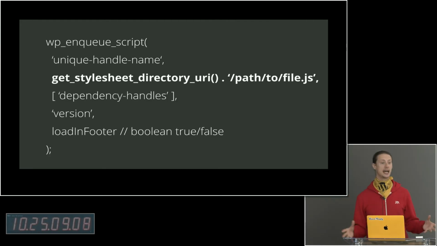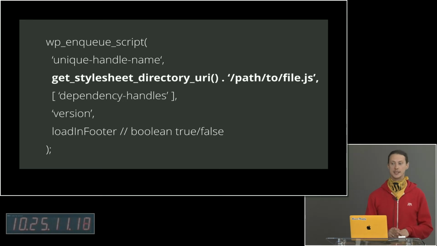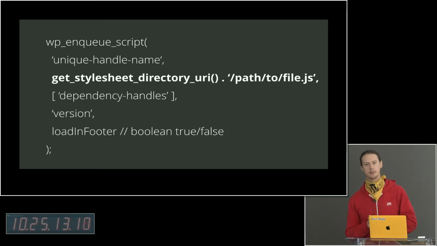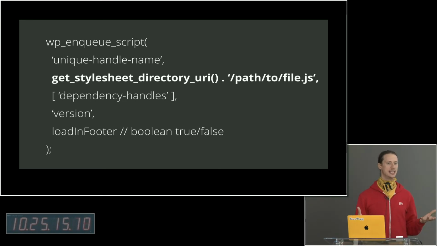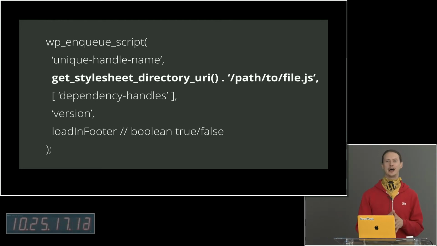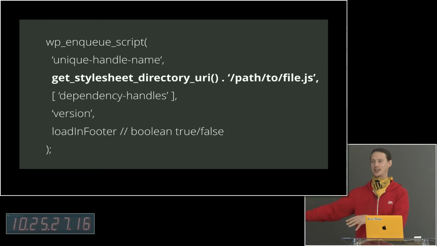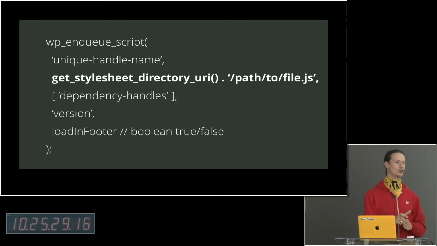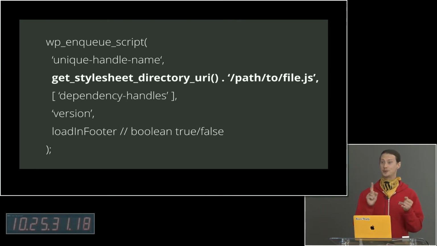The next parameter is the path to the actual file itself. And so there are a few different ways to dynamically get a file. So in WordPress, if you have a theme, all of your theme files are going to be at like yoursite.com/wp-content/themes/name of your theme/assets/js/file.js, right? But you do not want to hard code that whole thing, because what happens if your theme name changed?